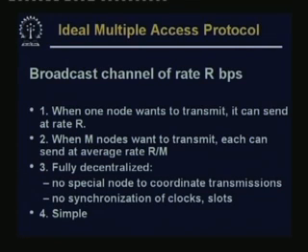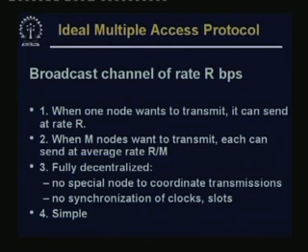When m nodes want to transmit, this R is not going to change. So, what you want to do is divide up this rate R and distribute it amongst these m nodes which want to communicate. So, each can send at an average rate R by m. If that happens, naturally we have a very ideal multiple access protocol, we cannot do better than that.